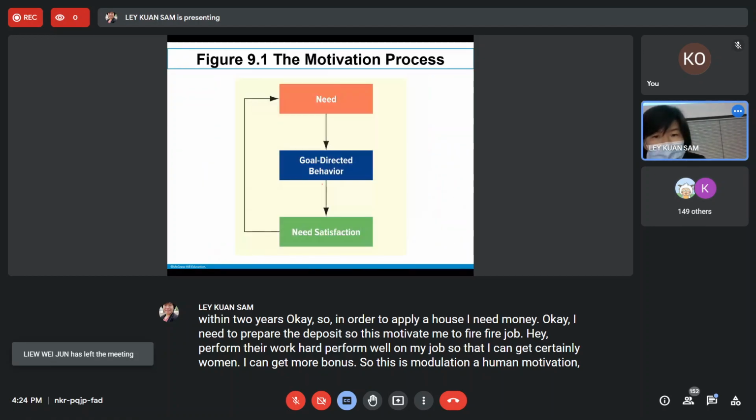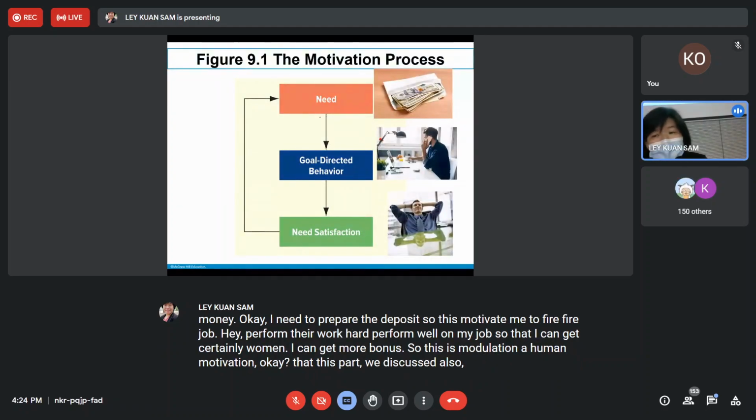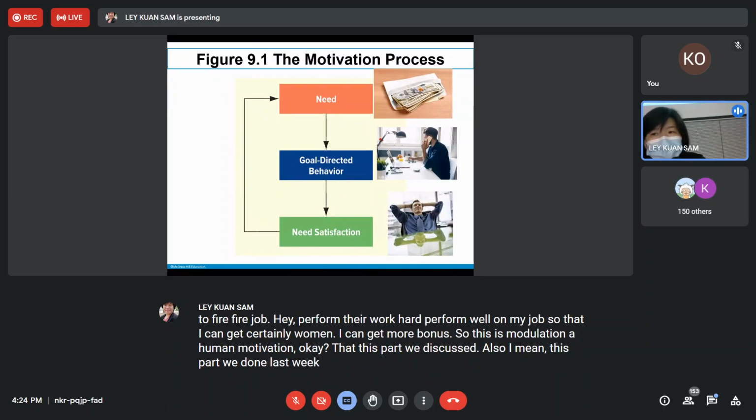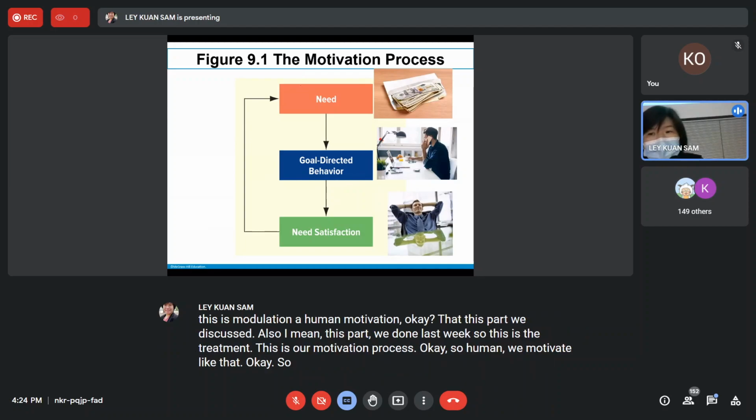Then this part we also did last week. This is our motivation process. First of all, humans have a need. We have basic needs that we need to fulfill.